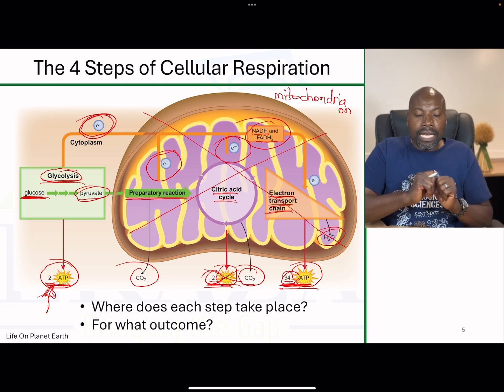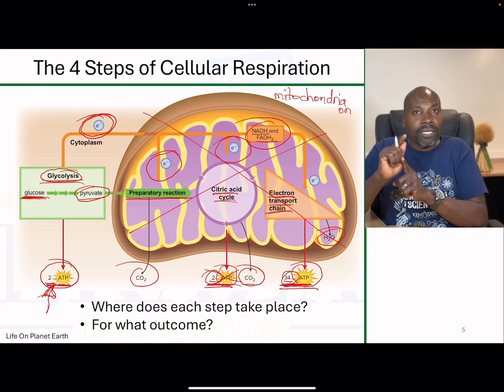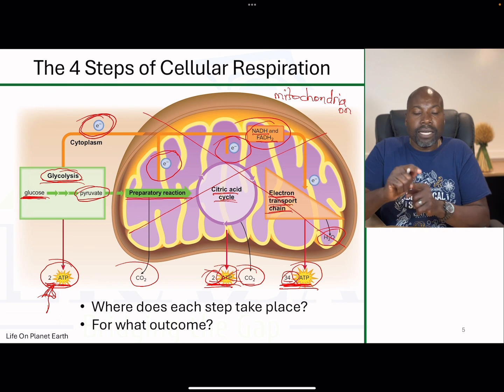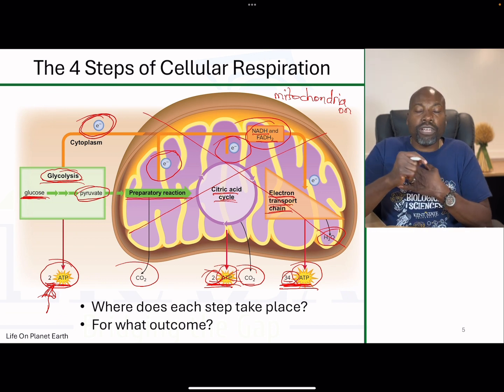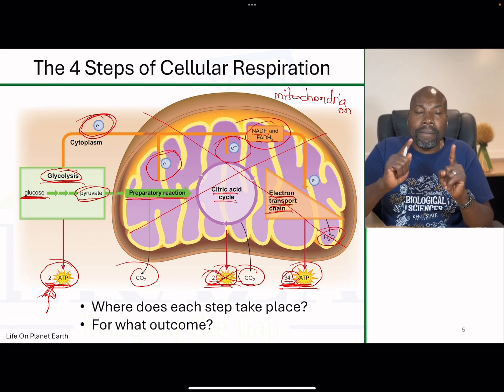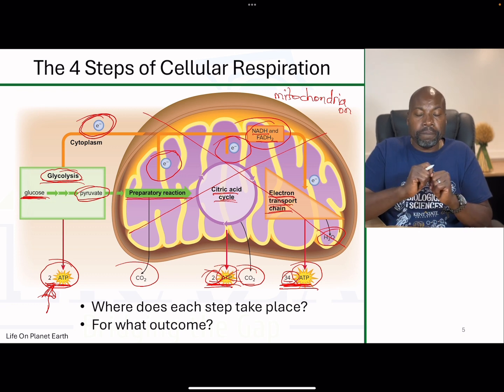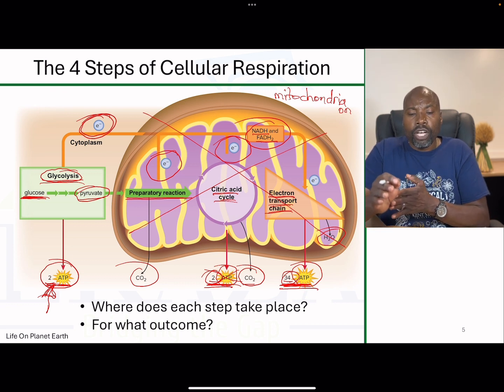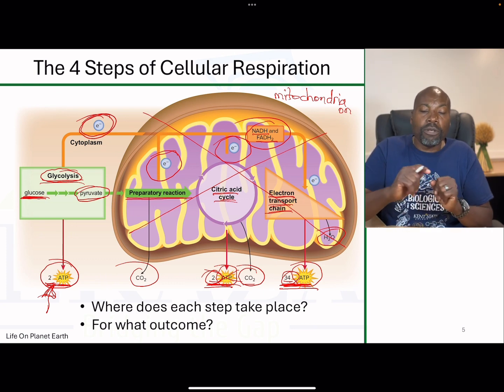Where in the cell is the preparatory step or reaction happening? The citric acid cycle, the electron transport chain. I want you to remember that and know this, right? And the other question you want to ask is, what are the outcomes of cellular respiration for every step that is happening? All right? Keep those questions in mind.